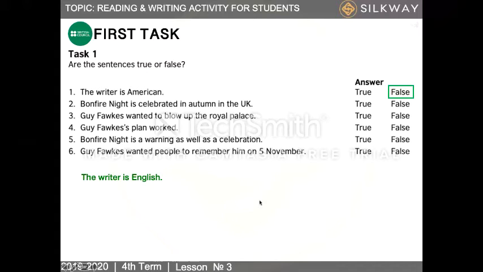Next, number 2. Bonfire night is celebrated in autumn in the UK. Is it true or false? The answer is true. Number 3. Guy Fawkes wanted to blow up the royal palace. Is it true or false? It's false.